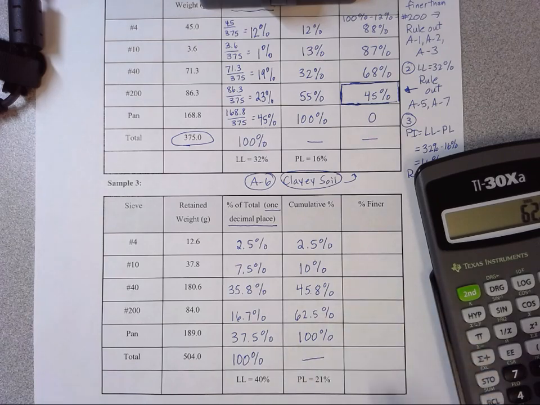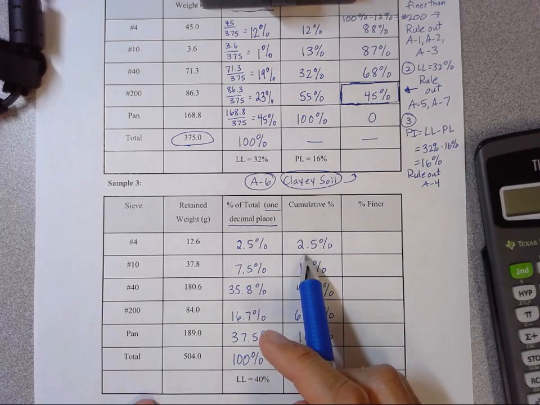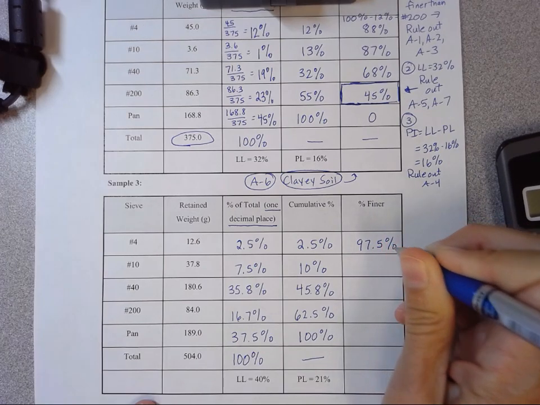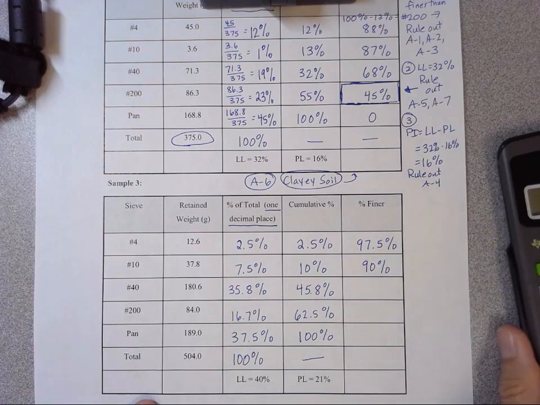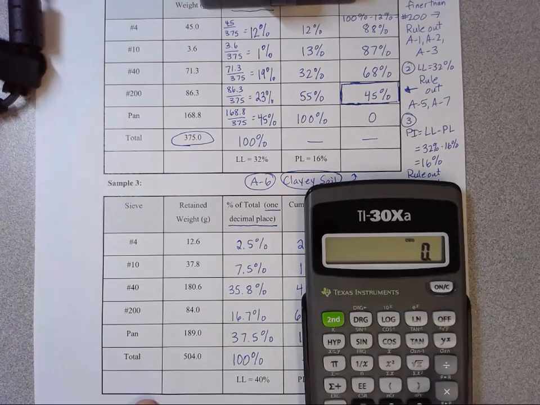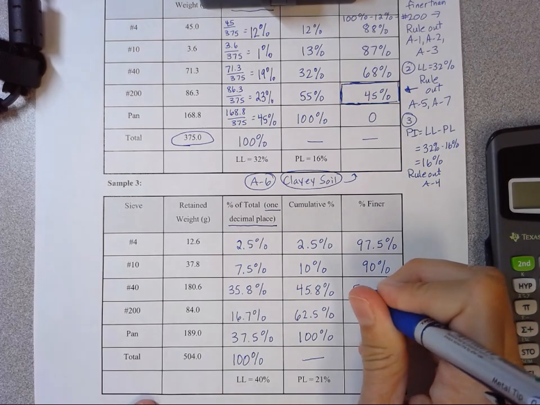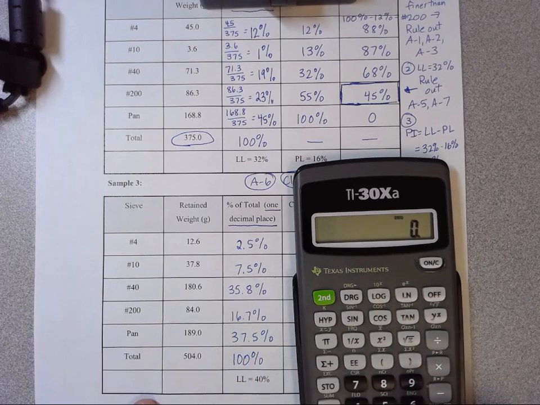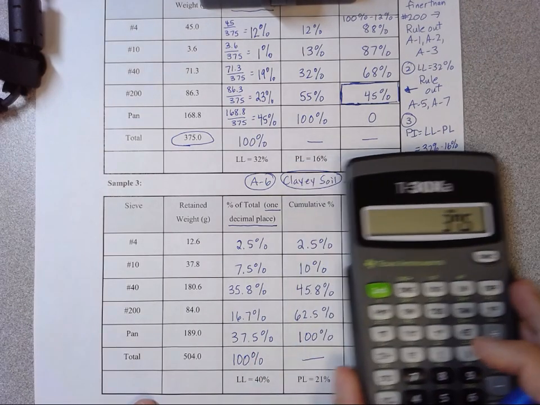Okay. And now my percent finer, I'm going to subtract them from 100. So 100 minus 2.5 is 97.5%. 100 minus 10% is 90%. 100 minus 45.8, I'm going to do that one here. 100 minus 45.8, 54.2%. 100 minus 62.5 is 37.5%.